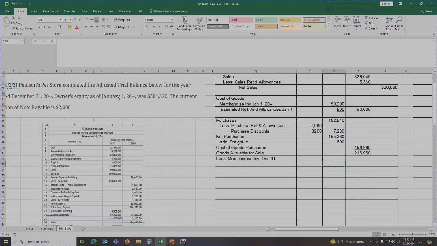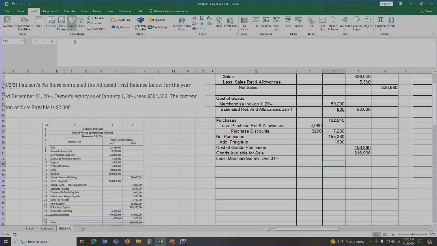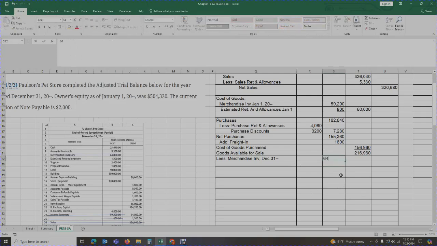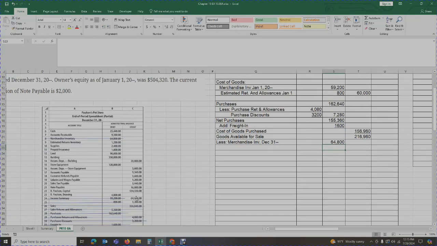If we look at our problem, we have ending inventory of 64,800. Now that number could be picked up from there, or it can be picked up from the income summary, because both of those numbers are the same.